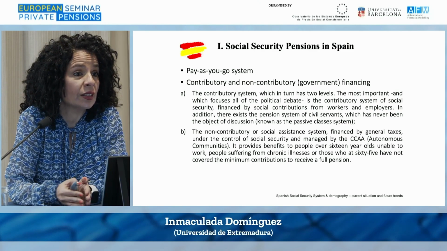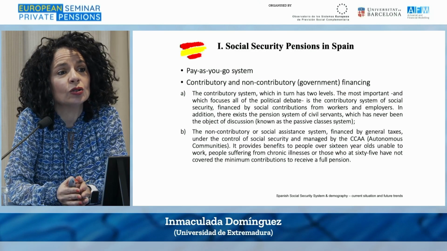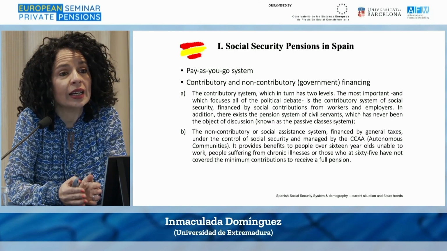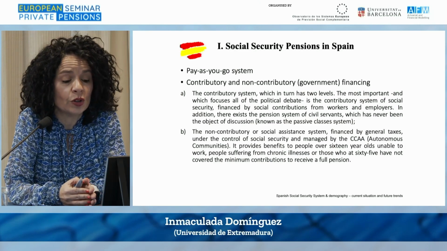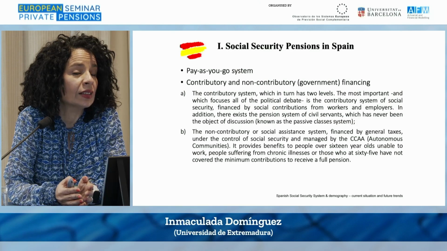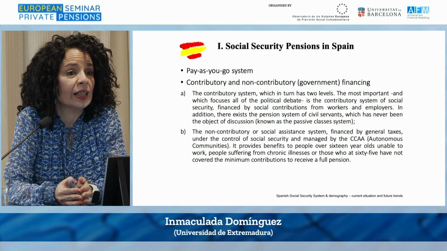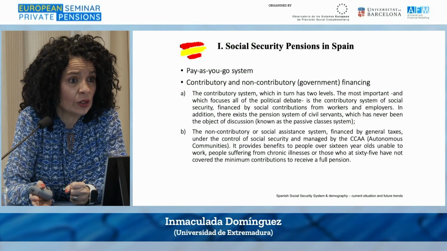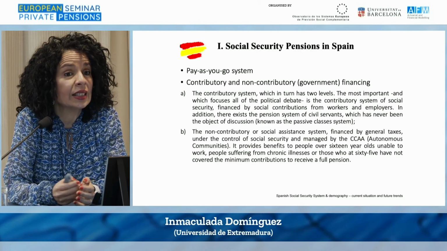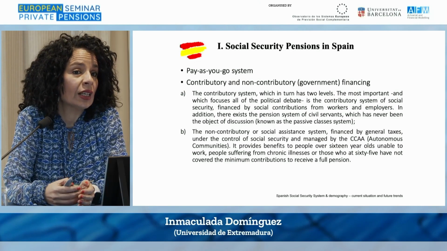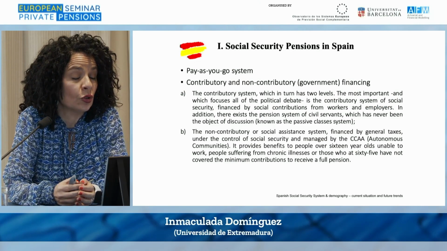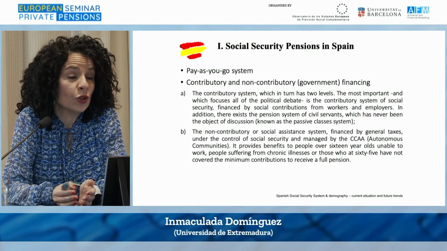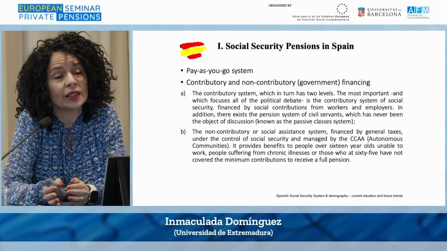In this contributory system, we have different regimes. In the past, we had a lot of different regimes, one for the private worker and another for the self-employed, and different ones for workers in agriculture and in the sea. Now the intent is to make only one system for these workers. On the other hand, we have a civil servant system.